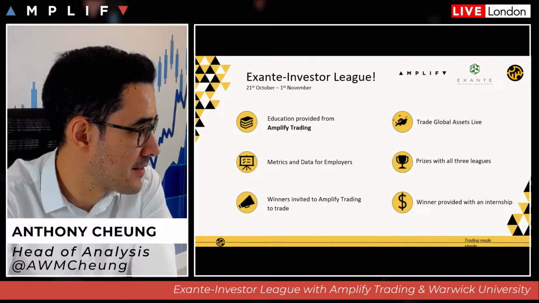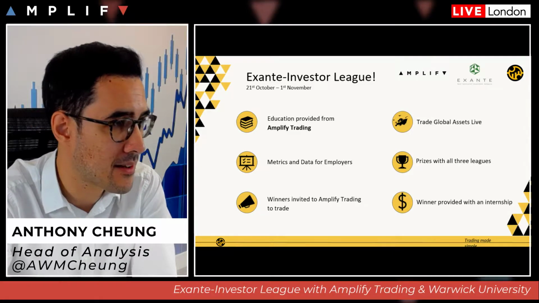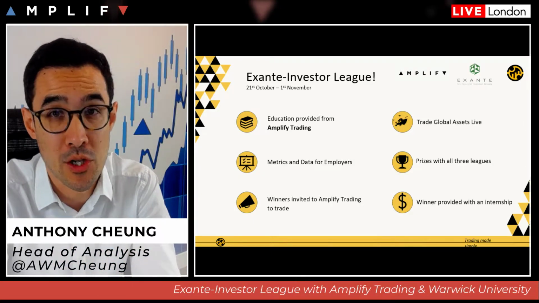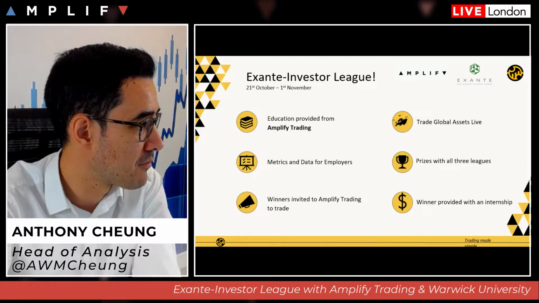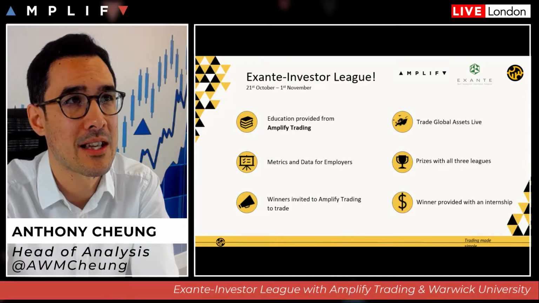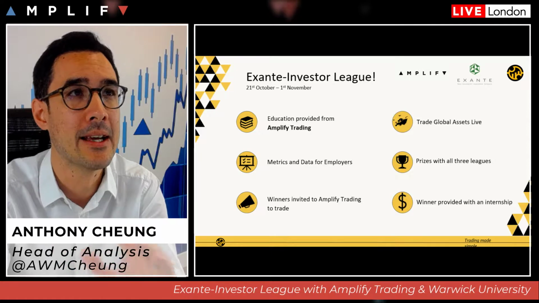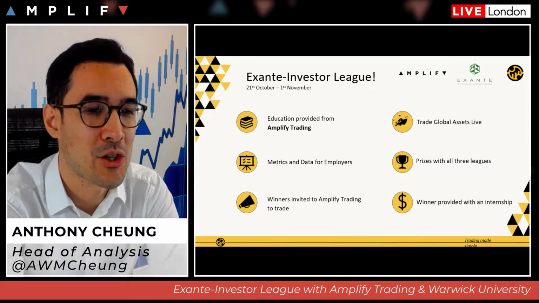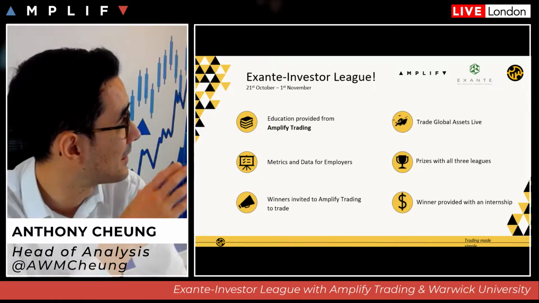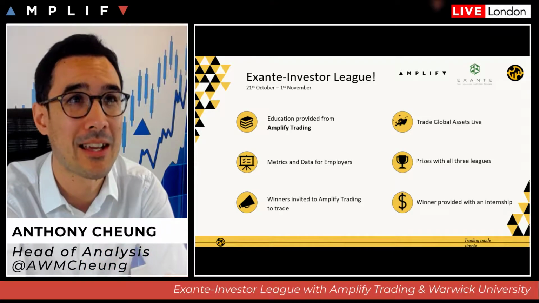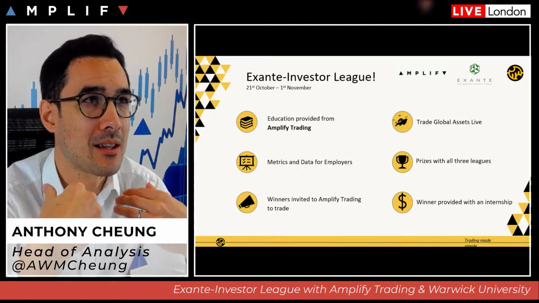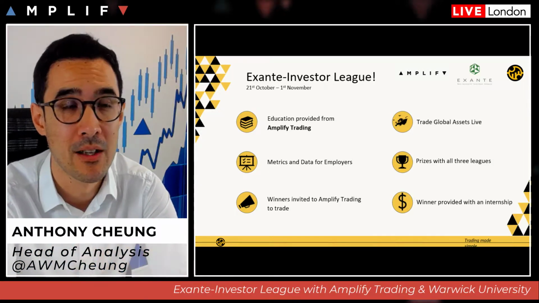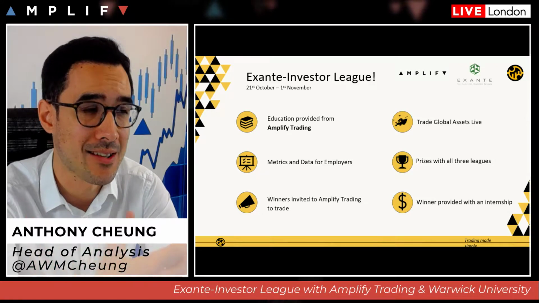What's going to happen here is that this is a 2-week competition. There are going to be various different leagues happening. This one is going to start, probably when you're watching this, on the 21st of October, and run through to the 1st of November. Obviously you come at this at an incredibly exciting time because we've got Brexit ongoing. I'm actually filming this on Saturday afternoon and I'm watching Parliament as I'm here because, as a person in markets, I want to be absolutely on top of what's going on, given it's such a meaningful event for financial markets, not just UK assets.